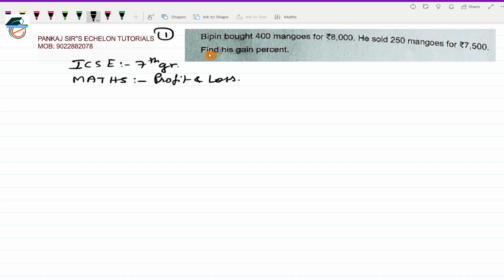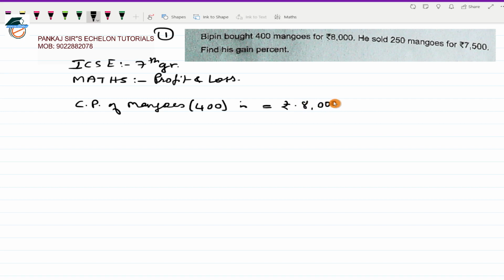Okay, this example says that Bipin bought some 400 mangoes for rupees 8,000. Okay, so the cost price of mangoes, and how many mangoes? 400 mangoes is equal to rupees 8,000.